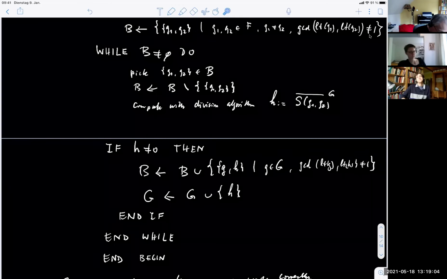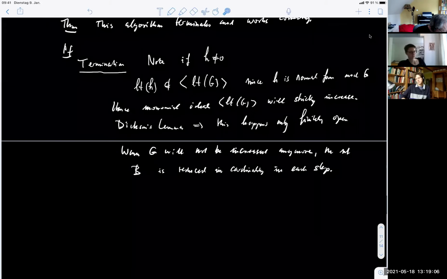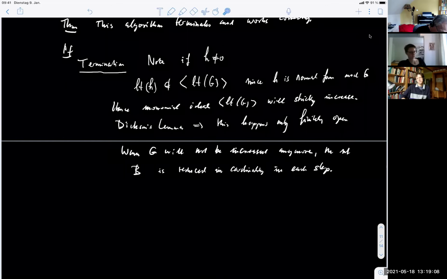So after finitely many steps, the algorithm will stop. The algorithm will terminate. Okay, this is about the termination. This is not complexity, no cost, it just stops.